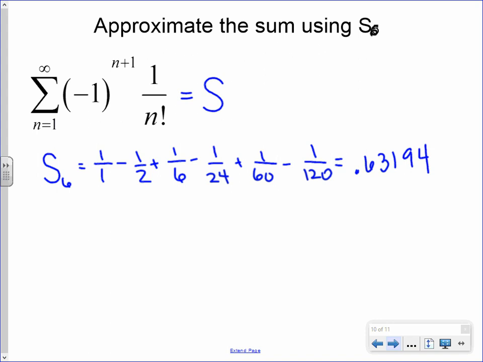Okay. 7 factorial is 720, correct? So this is the 6th partial sum. The next term would be 1 over 7 factorial, which yes is 1 over 720, which is 0.0002.